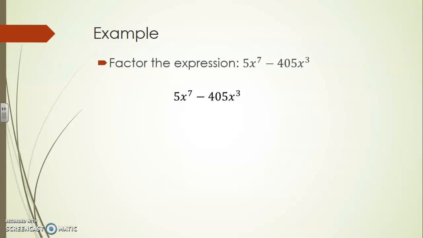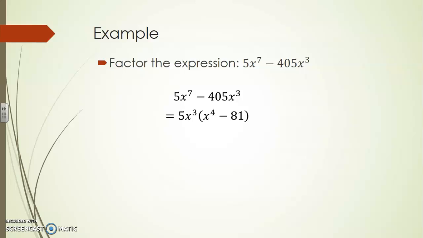In this last example, we're going to try to factor the expression 5x to the 7 minus 405 times x cubed. Now remember a warning that was issued a little bit earlier in this video. Always look for simple factoring or grouping before you move on to factoring forms that are recognizable.